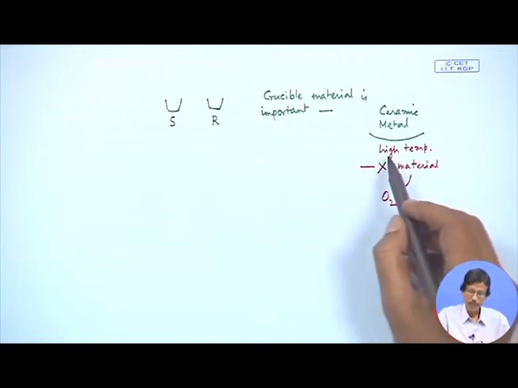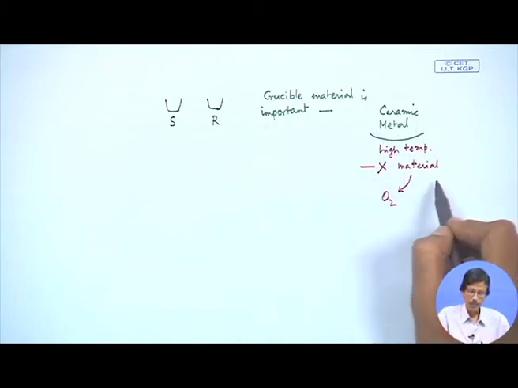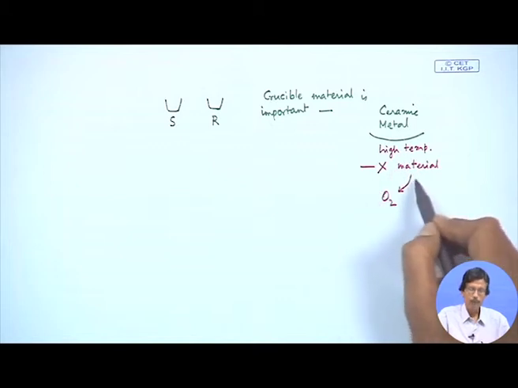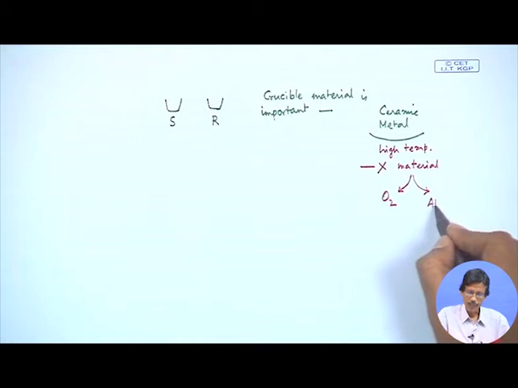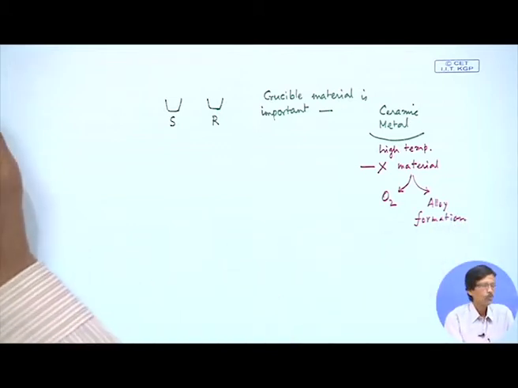But if that particular crucible can react with this material, it can give you a complex oxide, or sometimes it can give rise to alloy formation. All these things we should avoid for this particular use of the crucible.